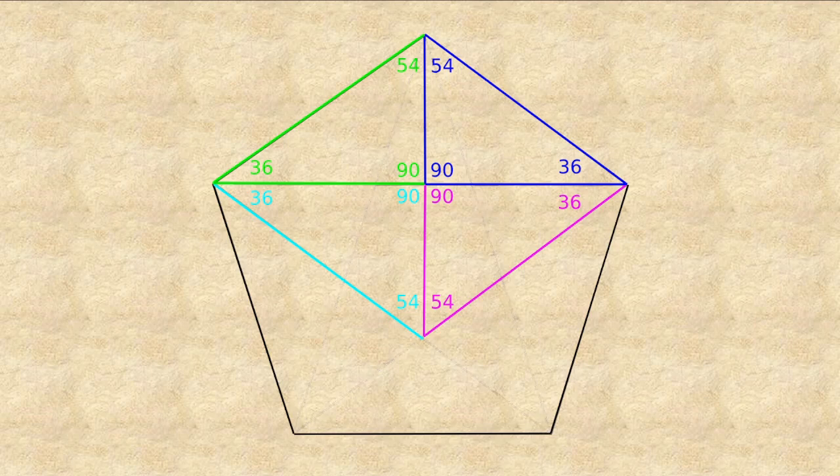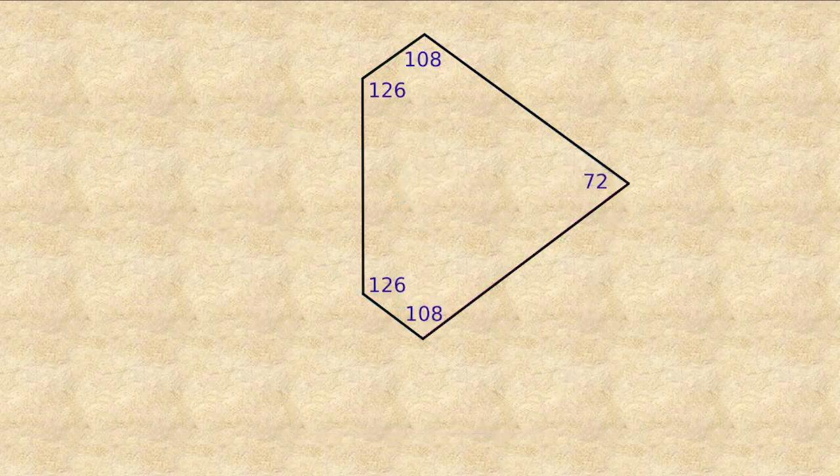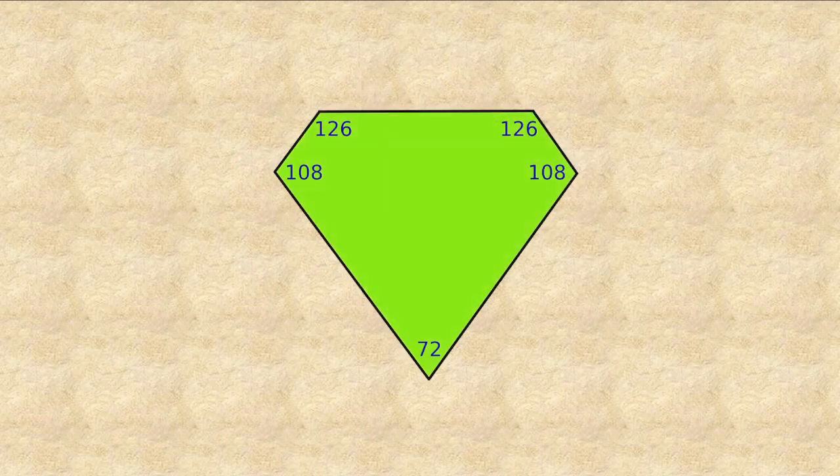If the rhombus is then truncated, we find an irregular pentagon shaped like the faces on the polyhedron. This has 2 angles of 126 degrees and 2 of 108 and 1 of 72.